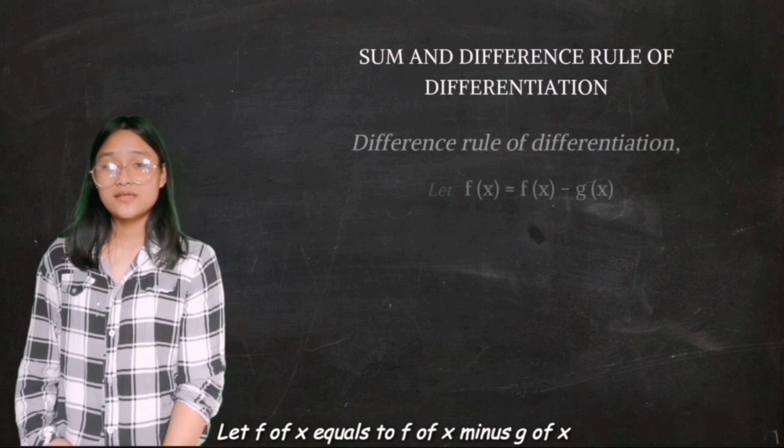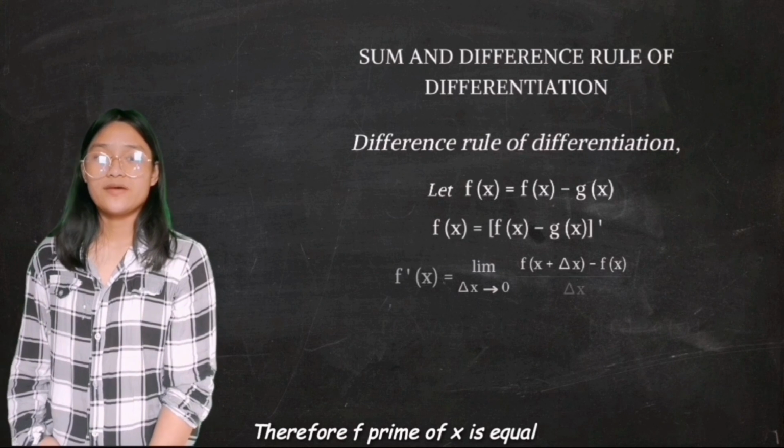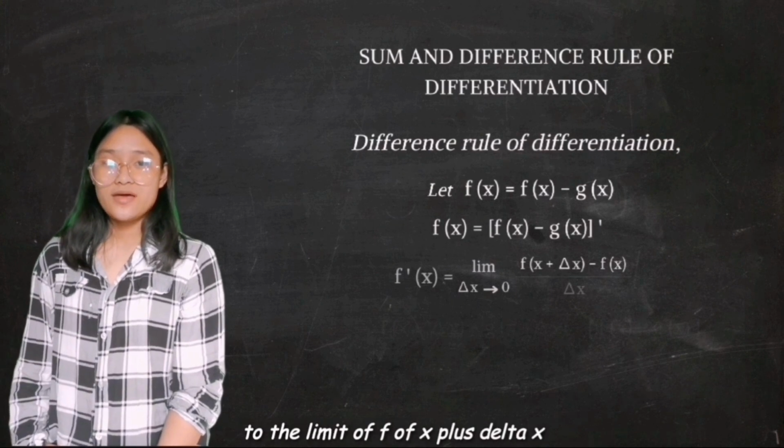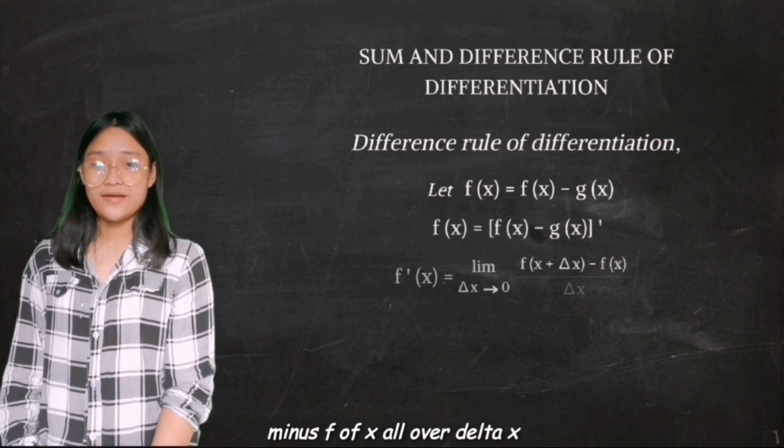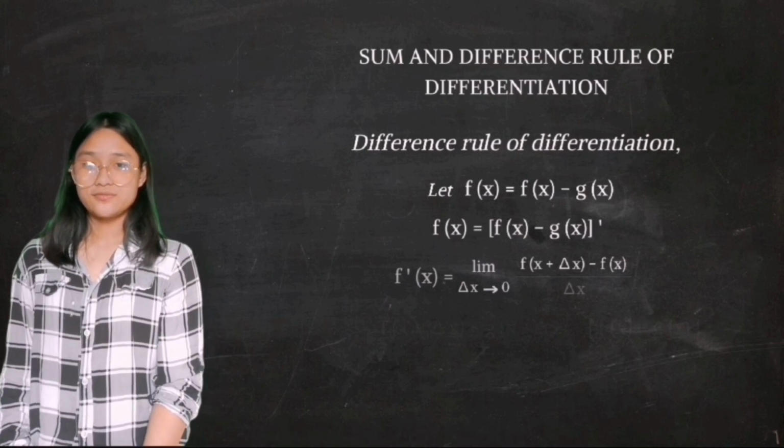Let F of x equal f of x minus g of x. Therefore, F prime of x is equal to the limit of F of x plus delta x minus F of x all over delta x as delta x approaches 0.